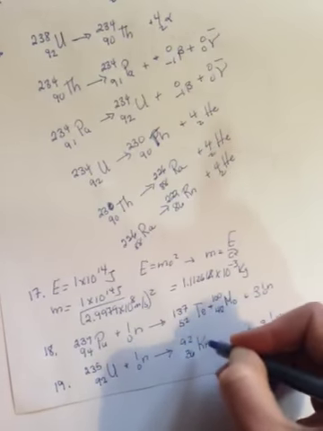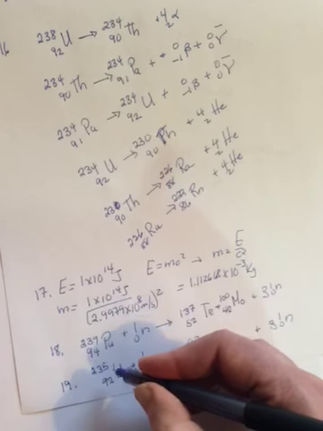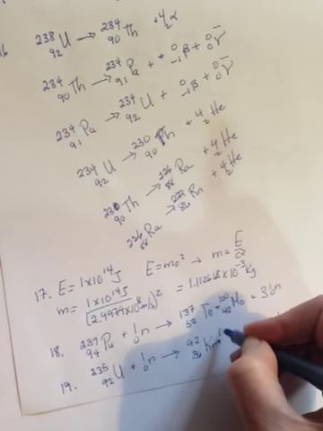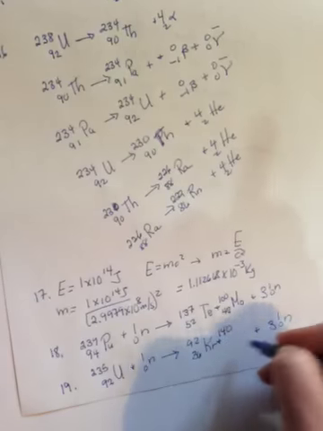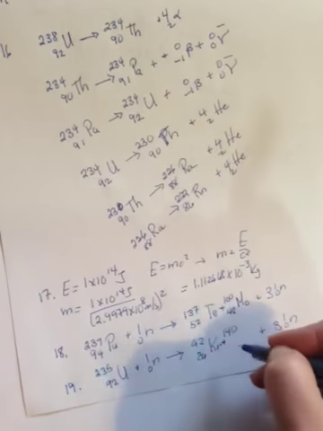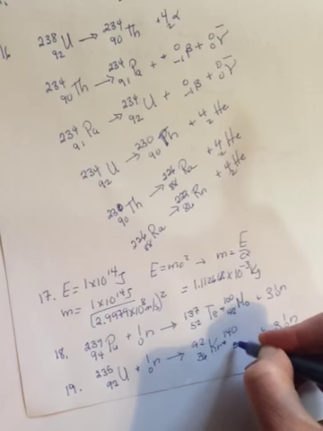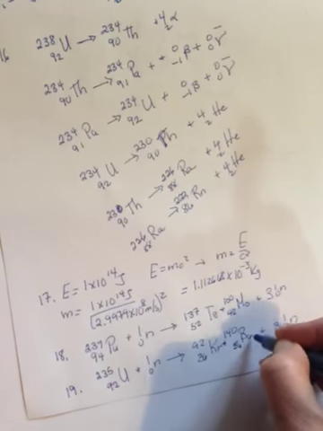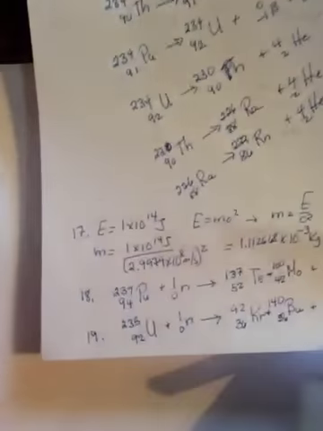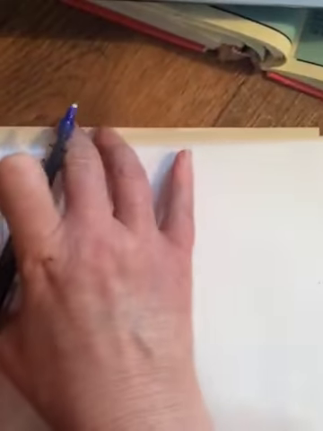So again, on the top it would be 95, and over here it has to be 140 to add up. On the bottom, 36 and 92, so it should be 56. Look 56 up, and it's Ba. Okay? All right.